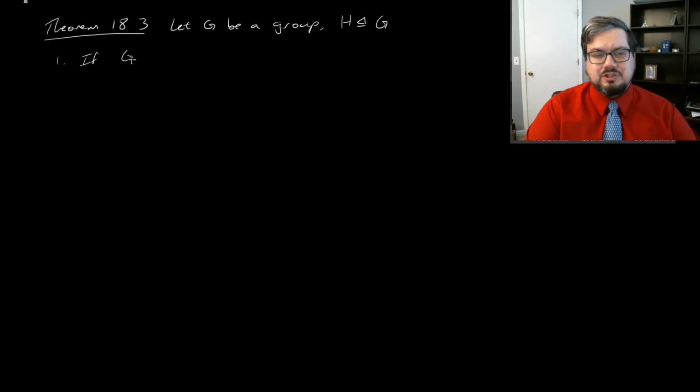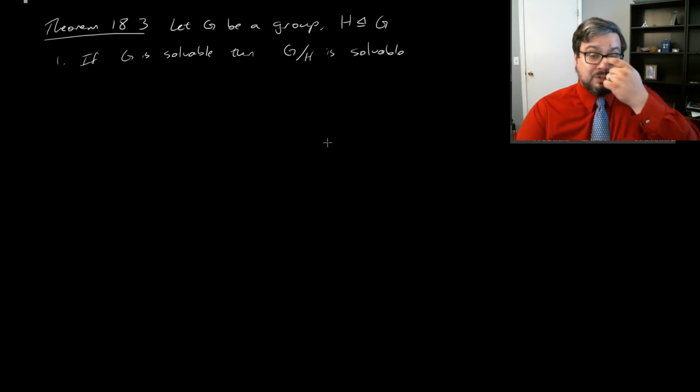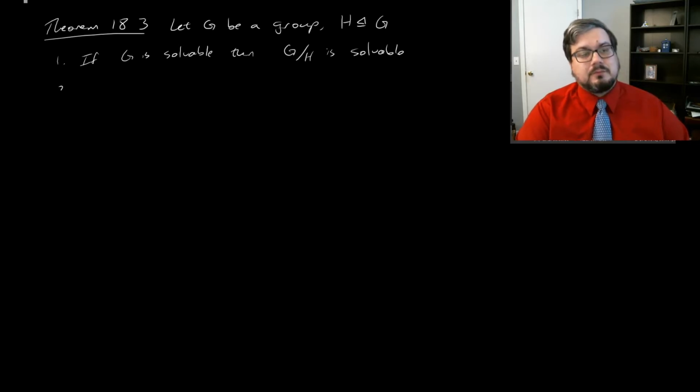If G is solvable, then G mod H is solvable. This is going to be very important to us. We're going to use this a few times in the proof coming up. We're going to want to prove that groups are solvable, and if you can express that group as a factor group of a solvable group, then you're just done.